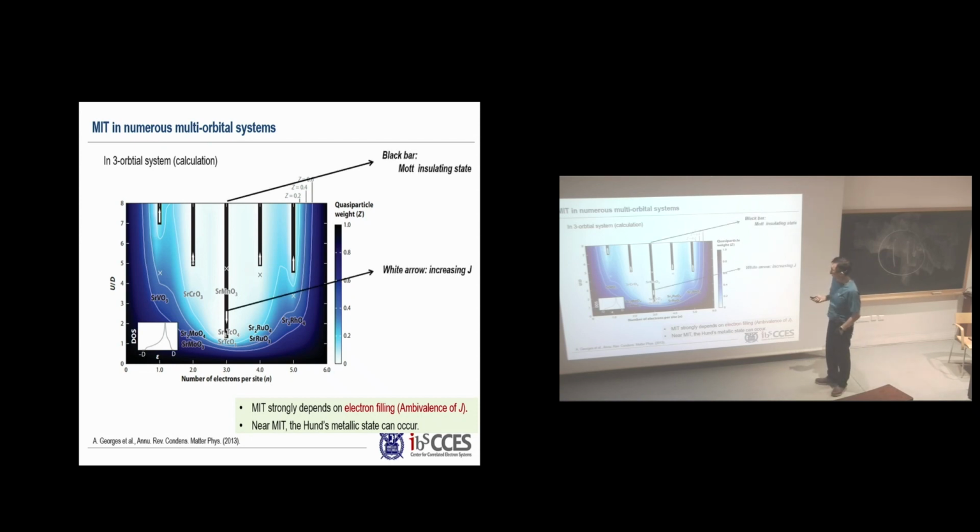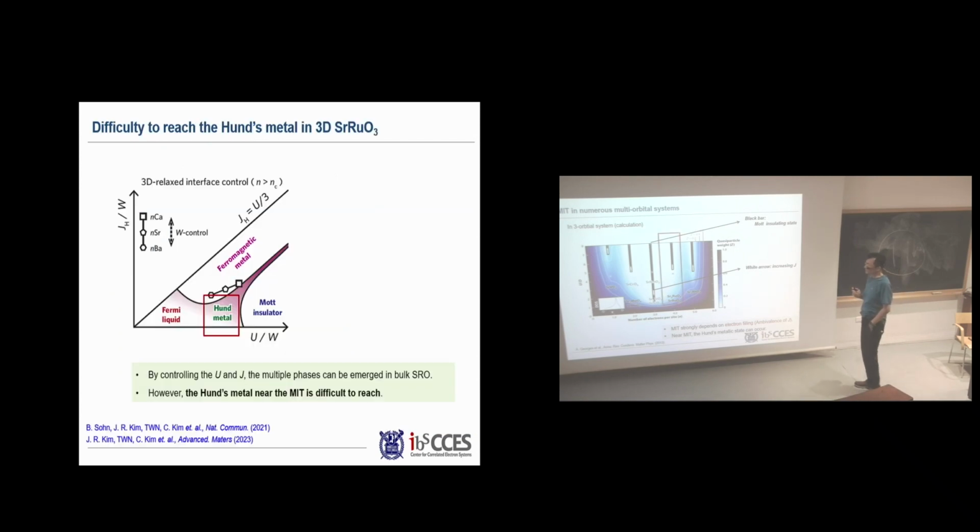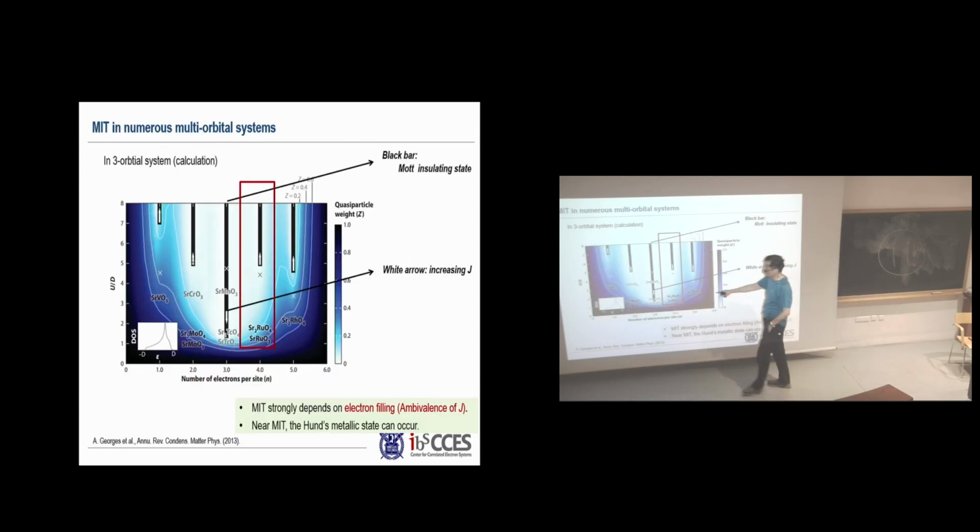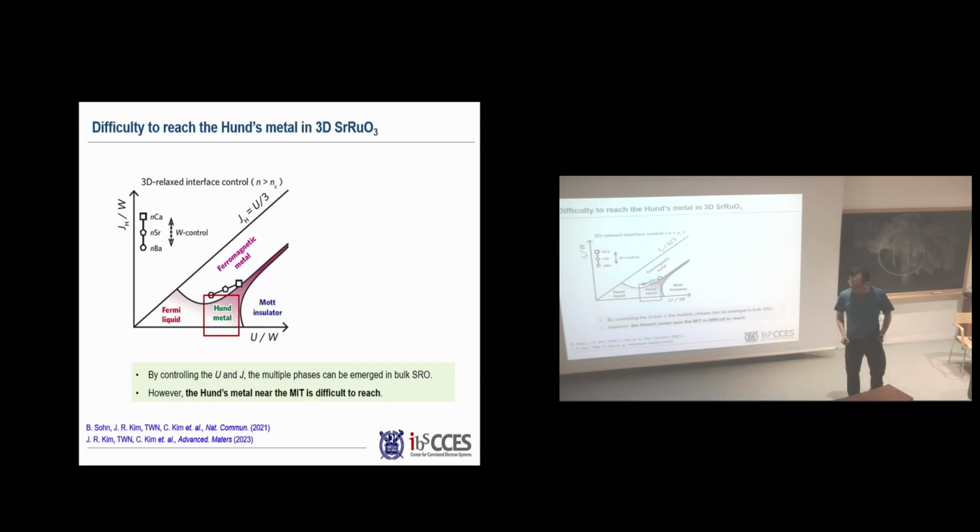Also, near the metal-insulator transition over here, the quasi-particle weight will change, and it will indicate the Hund's metallic case and so on. But in our case, we are looking at this area. For strontium ruthenate, calcium ruthenate, and those with a large U value, a Mott insulator, and small U as a ferromagnetic metal, in the middle you should have Hund's metallicity.